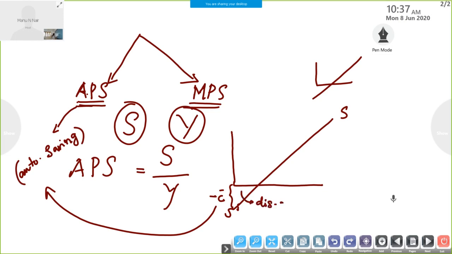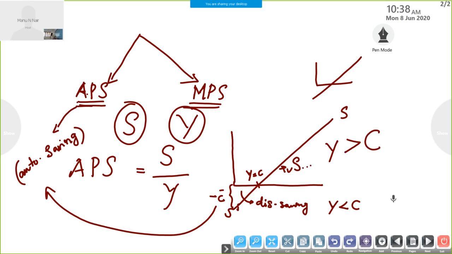Dissaving shows income is less than consumption. Here is the break-even point, where income is equal to consumption. This part is positive saving, where income is greater than consumption.